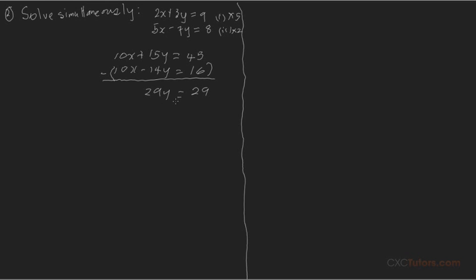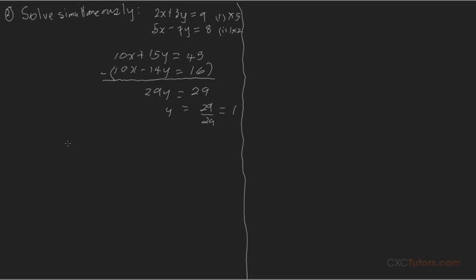And so we solve for y. 29 times y is equal to 29. We divide both sides by 29, and so y is equal to 29 over 29, which is 1. The 29's cancel off, and on the right hand side we end up with 1 for our answer.